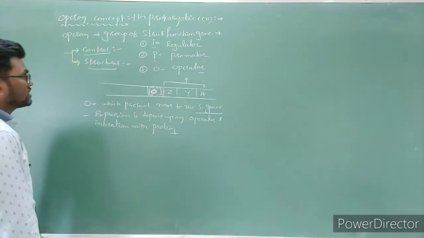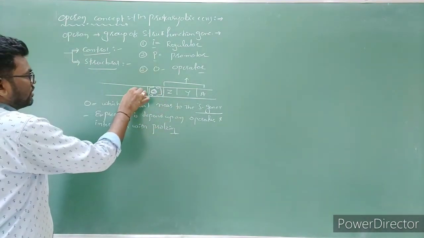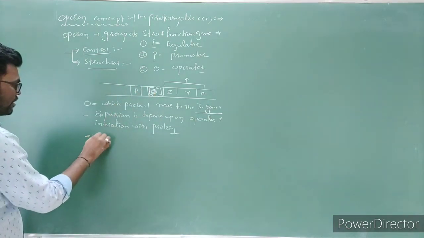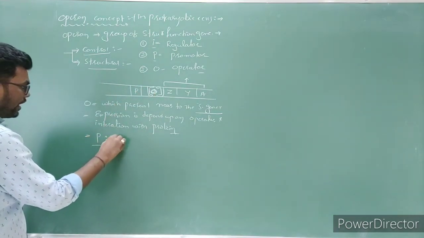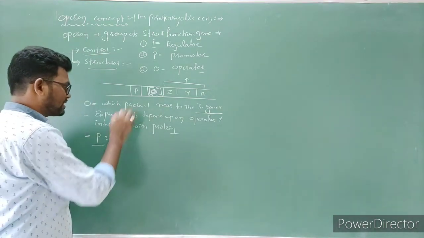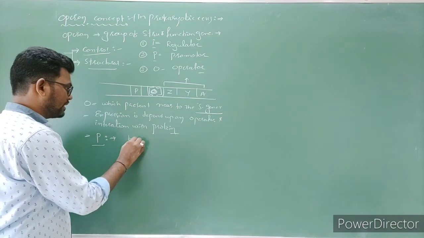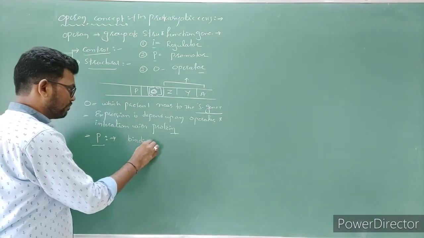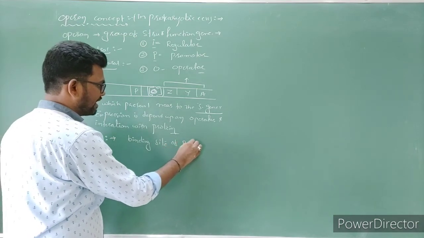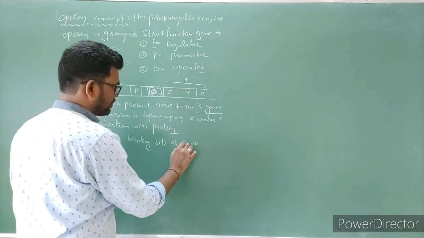Okay, next one is P. P means promoter. You already know that the promoter is a binding site of RNA polymerase enzyme.